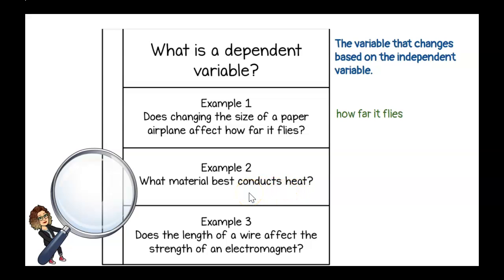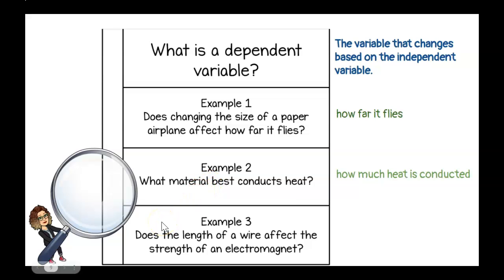Remember, the independent variable was the materials tested. So what do you think is going to be the dependent variable? If you said how much heat is conducted based on the material, you were correct.